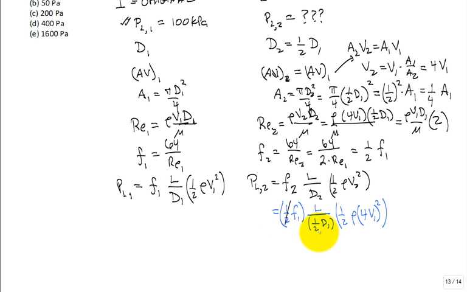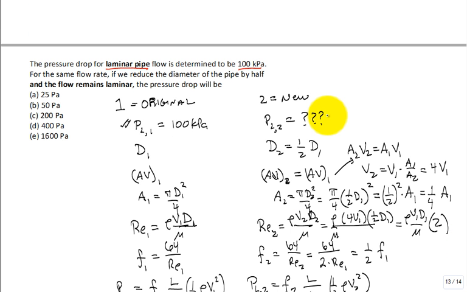So the halves go, and what we're left with is 4 squared times f1 L over D1 times 1/2 rho V1 squared, which is 16 times pressure loss 1. So the original pressure loss 1, I can scroll back up, right? So it's going to be 16 times 100 kilopascal. So it comes in at a whopping 1,600.